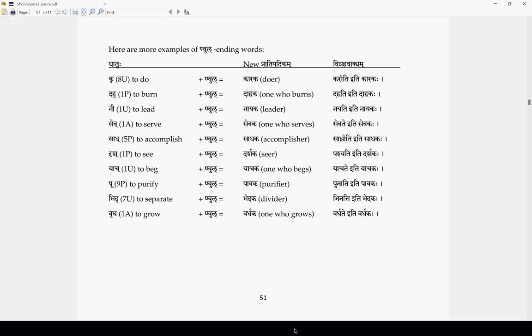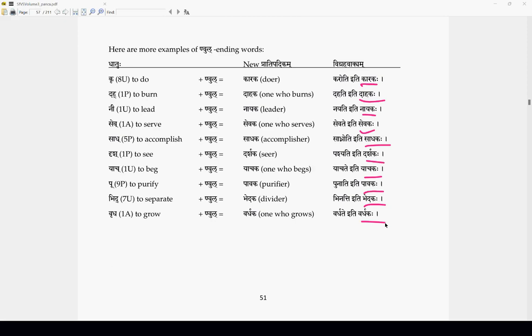Let's look at some examples of such nouns ending in these pratyayas, krit pratyayas. If you look at here, these ones like karaka, dahaka, nayaka, sevaka, sadhaka, darshaka, yachaka, pavaka, all these ending like ka at the end, karaka, dahaka.